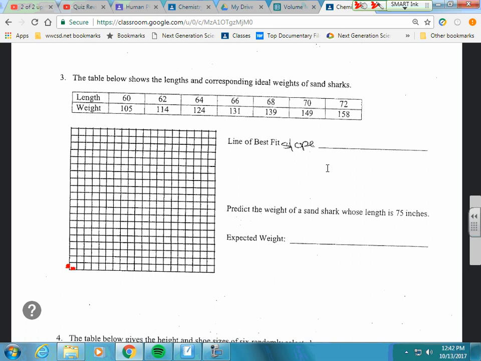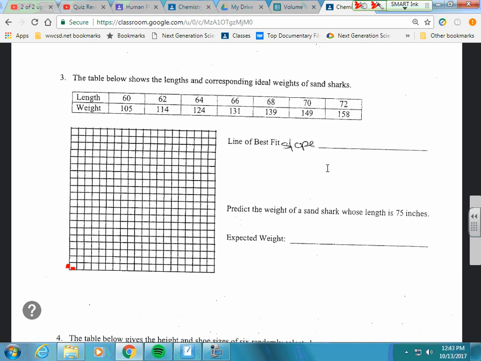If you look at that data in the table, what's a problem we'll have in making a graph? Any ideas? If you look at that data, think about what you need to put on your graph. Is there a problem there? Who should I call on? No ideas?